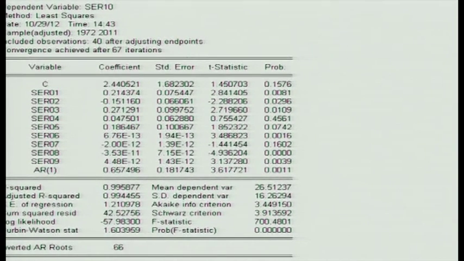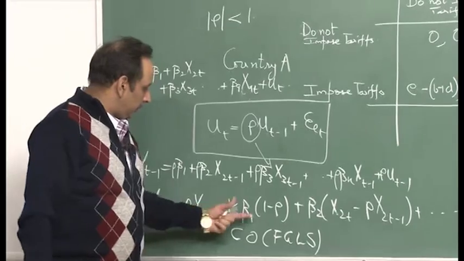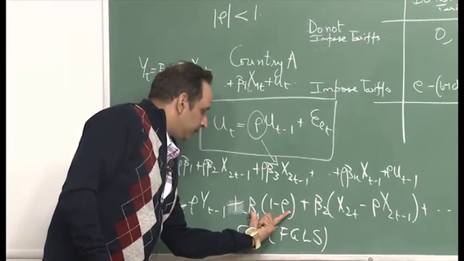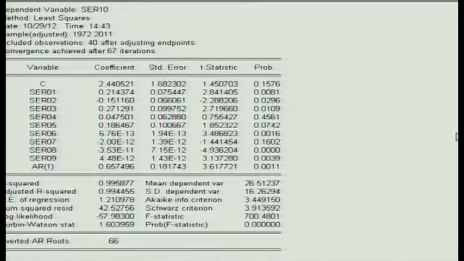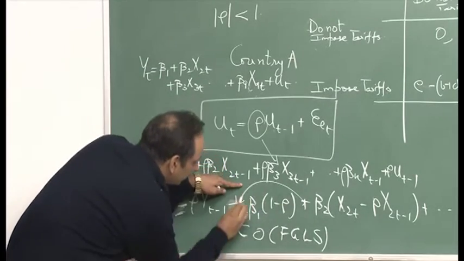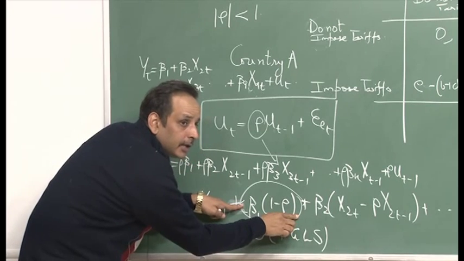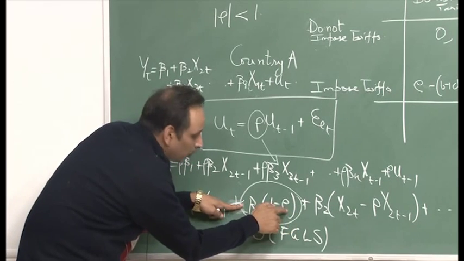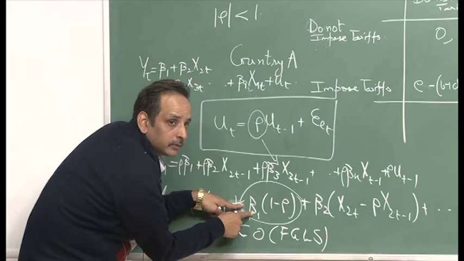Then there is a constant, so this will be the constant that you get. This entire term is a constant, and if you know rho you can know B1, right.